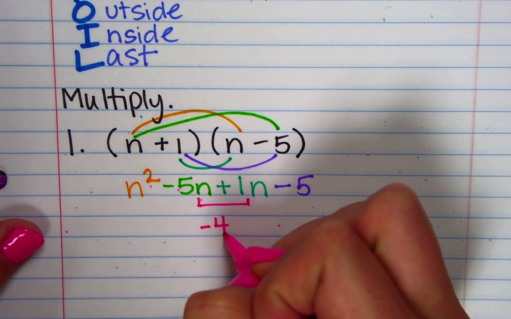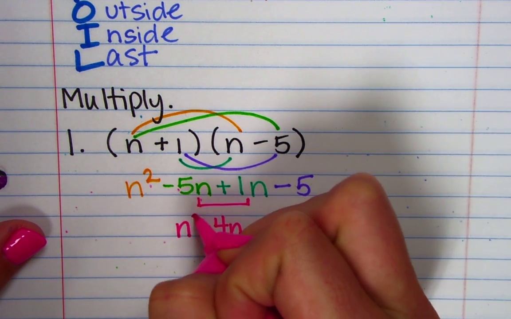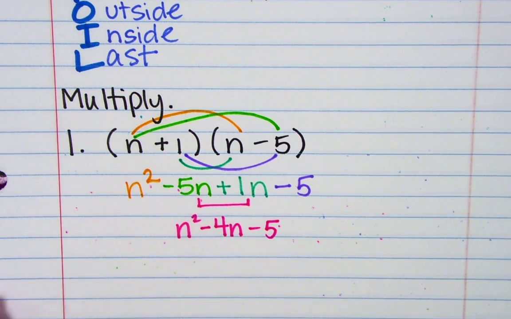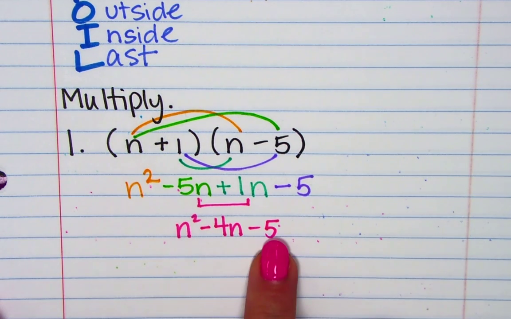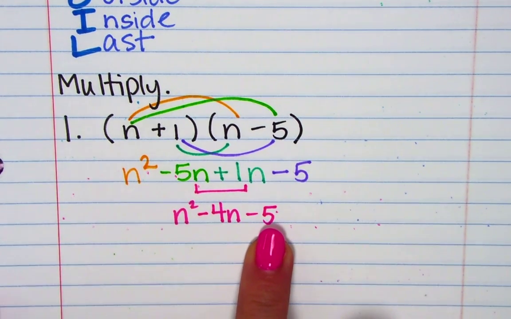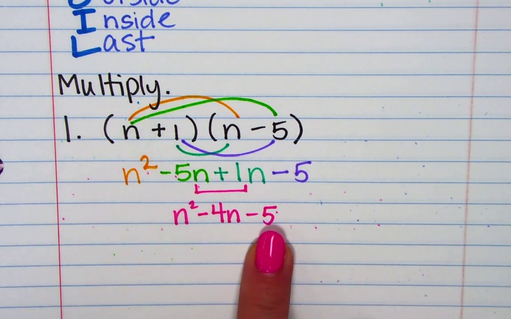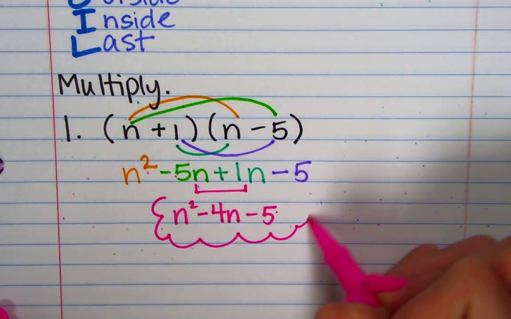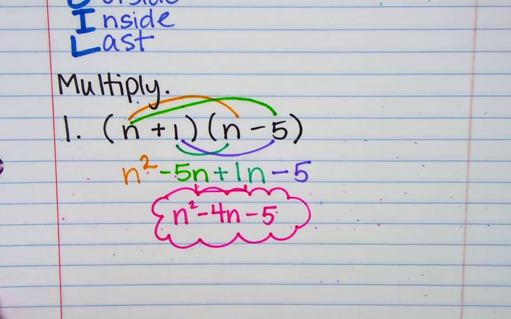Negative 4n. So we got n squared minus 4n and then minus 5. This one has 3 terms, 1, 2, 3. It's called a trinomial. And that will be most of our answers to multiplying binomials. That's the answer that we're going to get when we multiply.